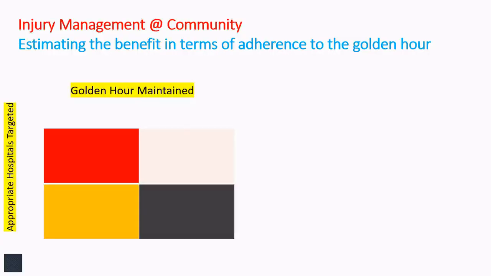Now, the golden hour is a commonly used term in emergency management systems. The golden hour is the time from the happening of the incident that caused the injury until the patient is in the hospital. So this one-hour period is considered very critical.